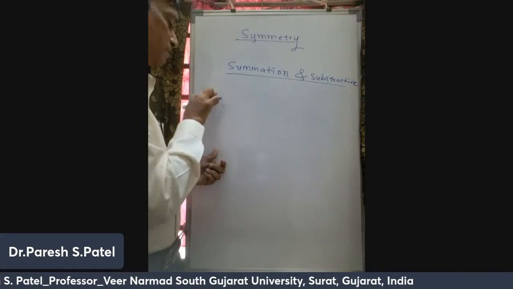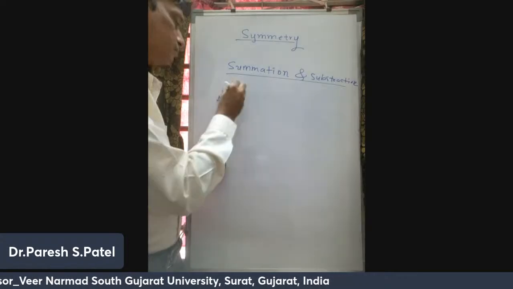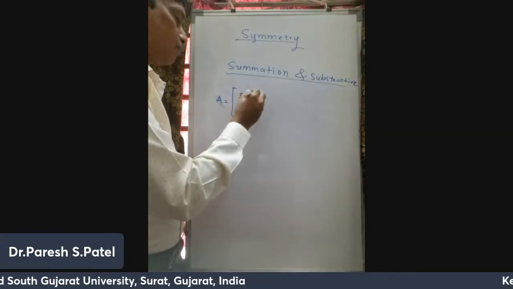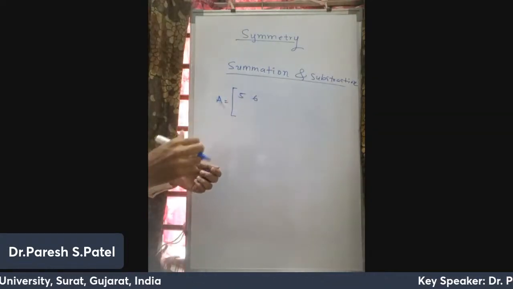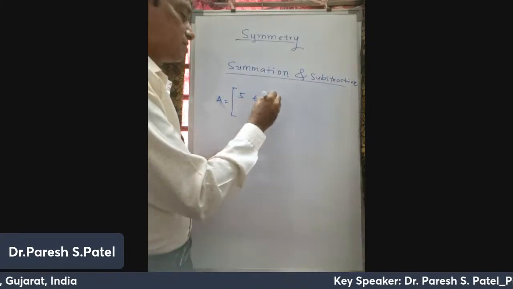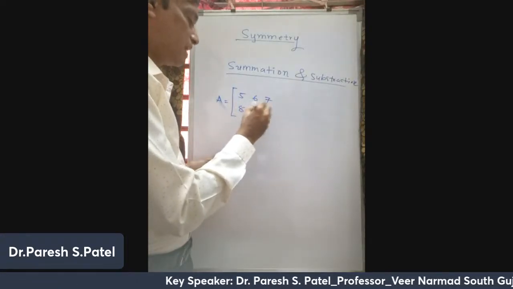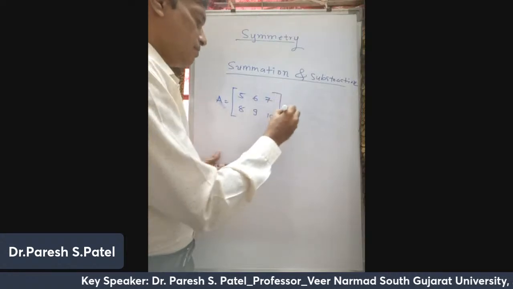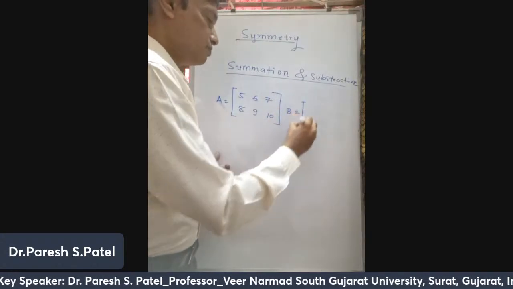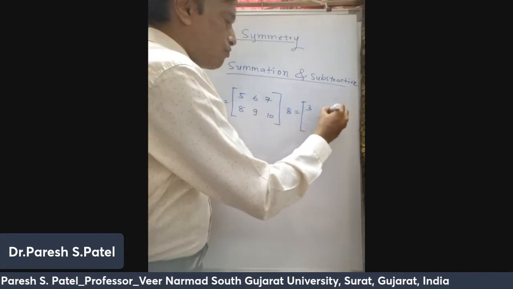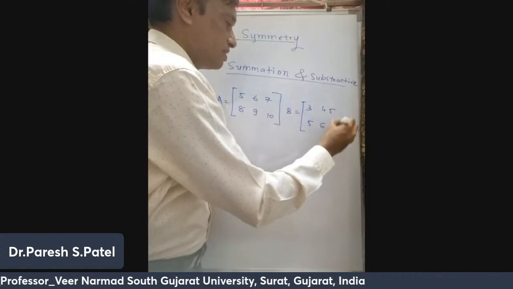Suppose matrix A is equal to 5, 6, 7, 8, 9, 10. Matrix B is equal to 3, 4, 5, 5, 6, 7.